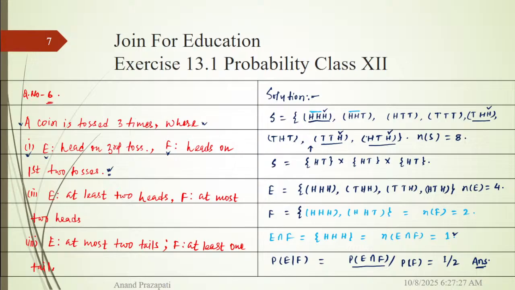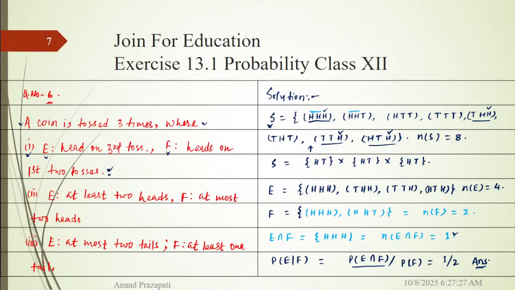However, there is no problem to understand the solution of the first part of question number 6. Question number 6 has 3 parts. First of all, we find out the sample space.